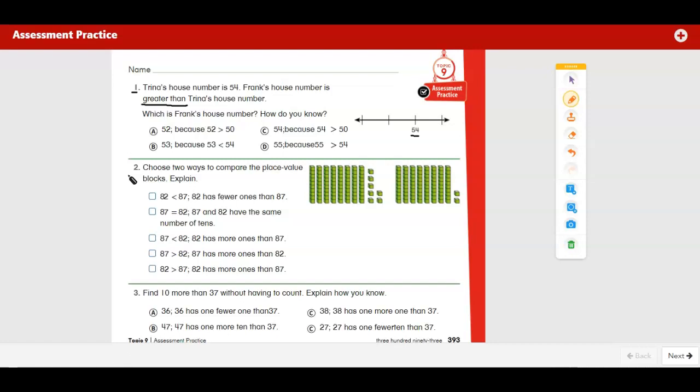Number 2 says choose 2 ways to compare the place value blocks. Explain. So here on number 2 we have 2 place value blocks. Remember, these are our 10s and these are our 1s.